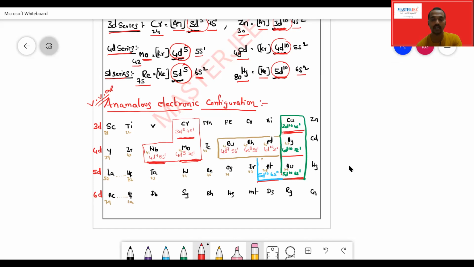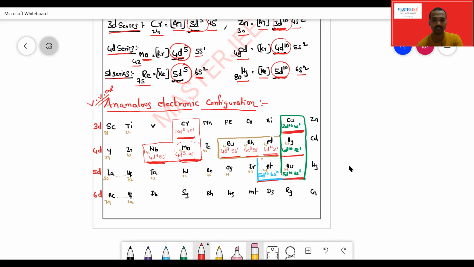Once again, the elements with anomalous electronic configurations. In the 3d series, chromium 3d5 4s1 and copper 3d10 4s1. In the 4d series, niobium 4d4 5s1, molybdenum 4d5 5s1, then ruthenium, rhodium, palladium, and silver: 4d7 5s1, 4d8 5s1, 4d10 5s0, and silver 4d10 5s1.